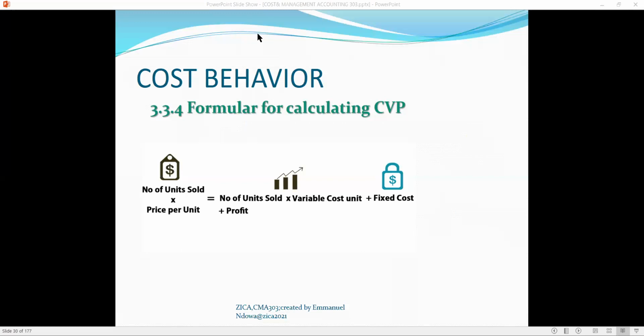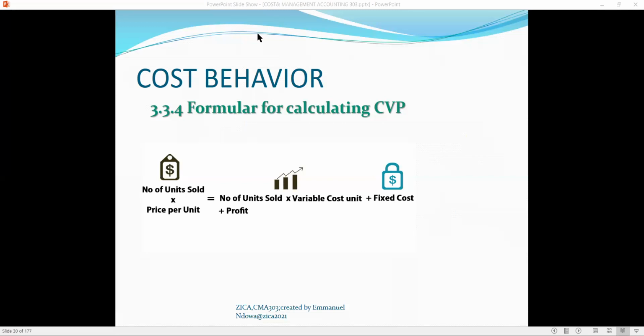You can highlight to the management that if we purchase the new machinery that is efficient, we can lessen the fixed costs. You see now. Those are the advices you will be giving to the managers, that we can go this way.